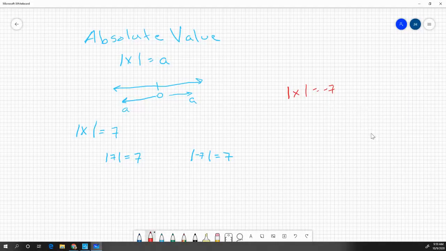Because if I plug in, say, 7 into this, when I pull it out of the absolute value, it's always going to be positive, right? So 7 does not equal negative 7. If I put in negative 7 in here, equals negative 7, sorry, when I pull this out of the absolute value, it's still going to be positive, and it does not equal negative 7. Does that make sense?